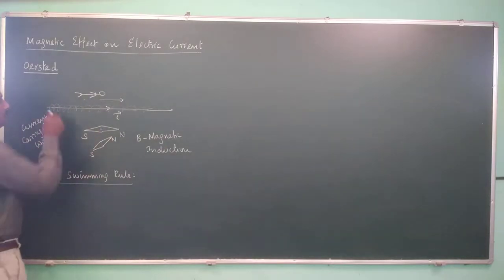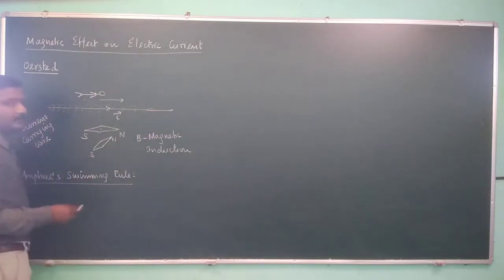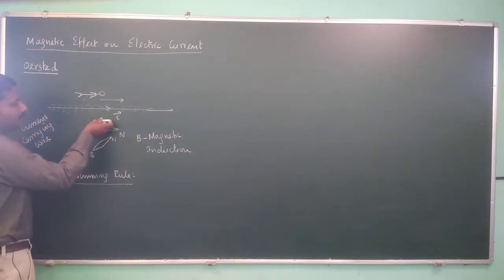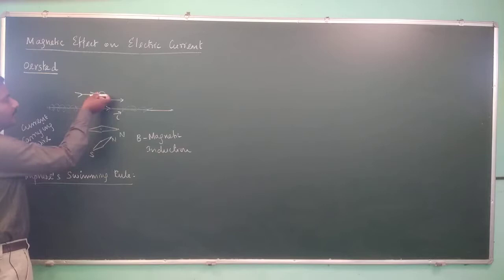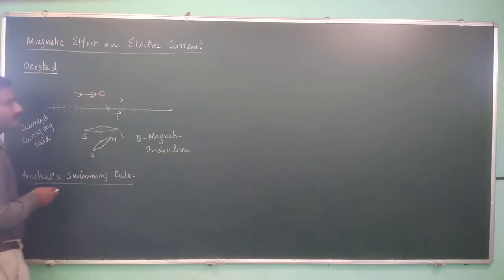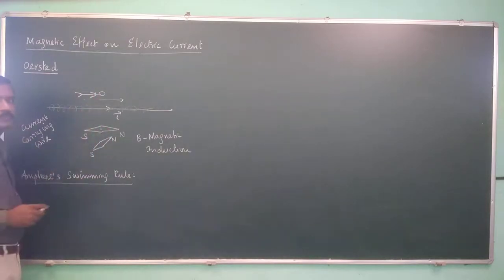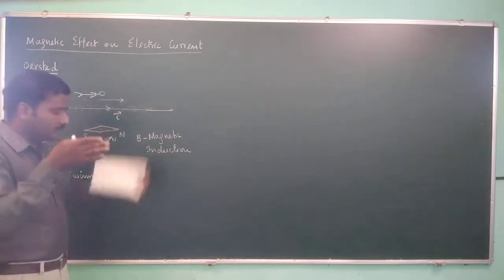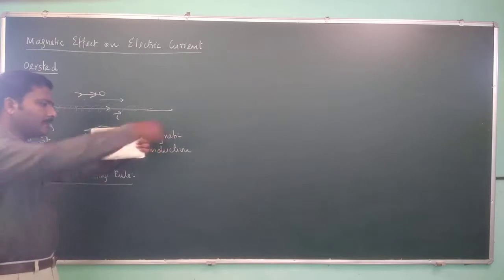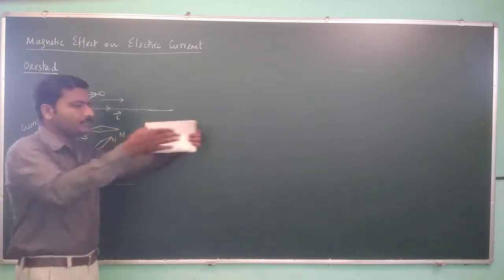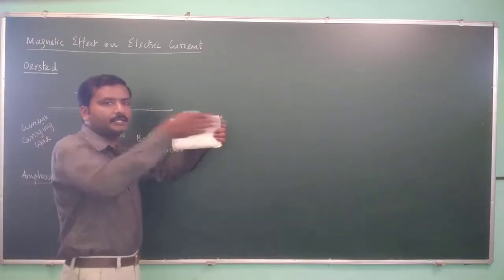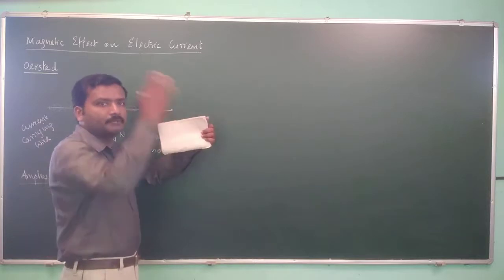Which means this is the current carrying conductor. The pivoted magnetic needle is placed on one side, and the person who is swimming along the direction of the current is placed on the other side, and this person is looking at this needle. So this is the needle and this is the person, and in the middle the current carrying wire is there. The needle will deflect up and down.